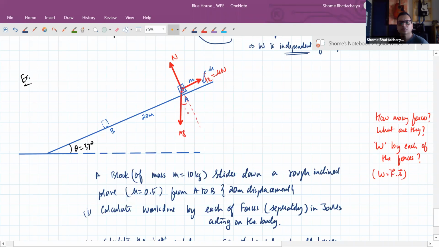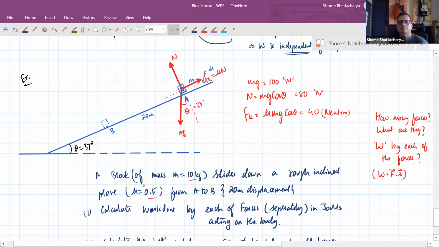From Newton's laws, this angle will be 37 degrees. So normal reaction will be mg cos theta. Kinetic friction will be mu mg cos theta, which in this case will become 0.5 into 100 into cos 37. So that will become 40 newtons. Whereas mg itself is 100 newtons. This is 80 newtons.